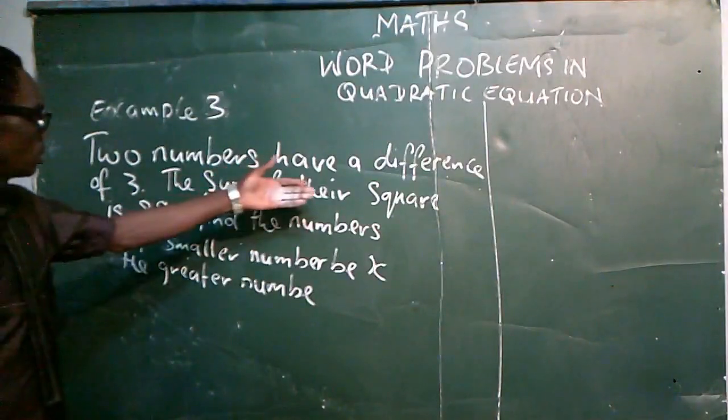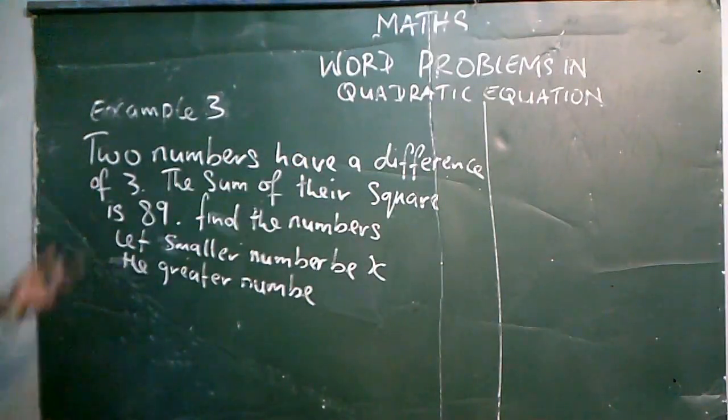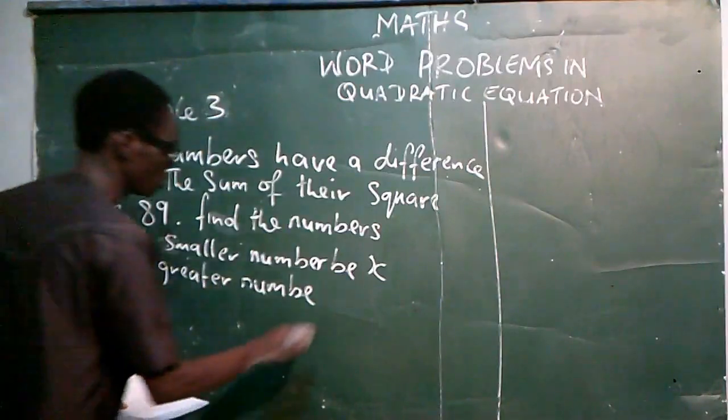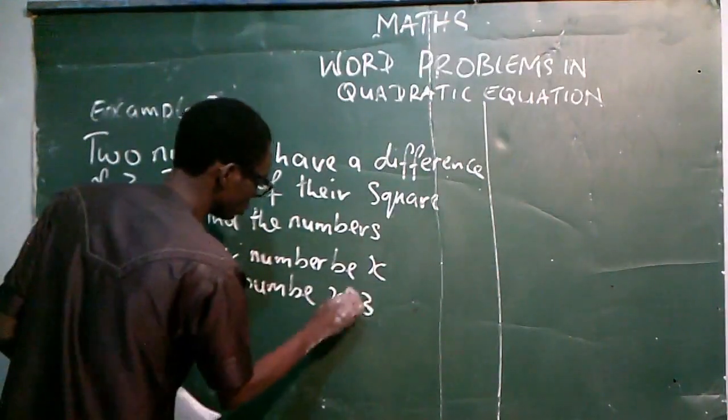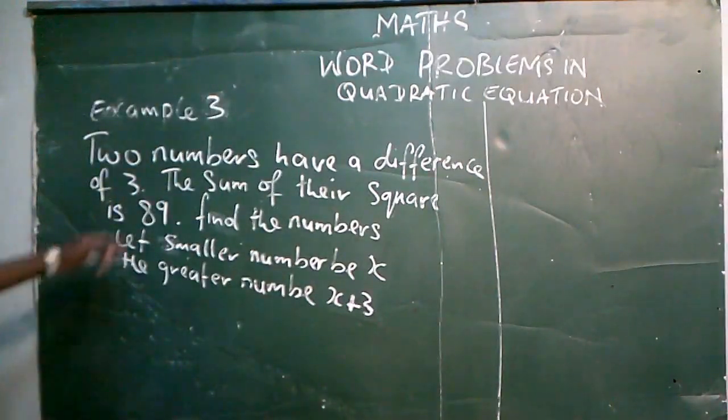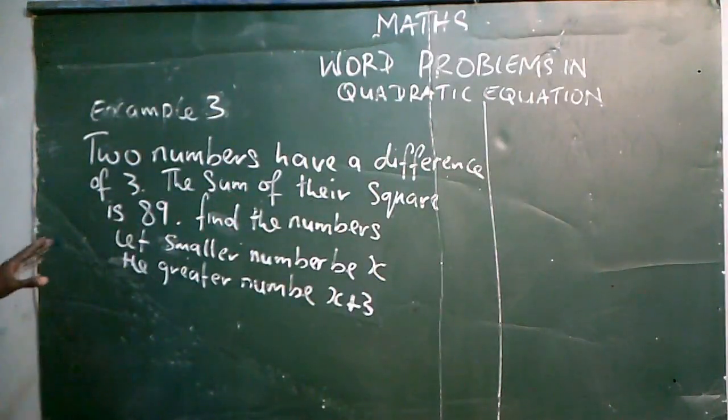But if they have a difference of 3, it means that the greater number will be x plus 3. But the sum of their squares is 89.